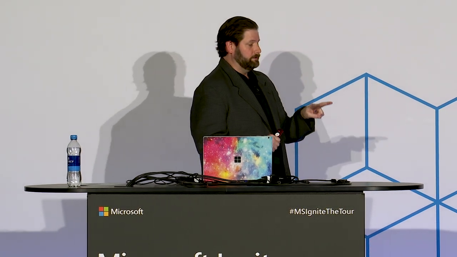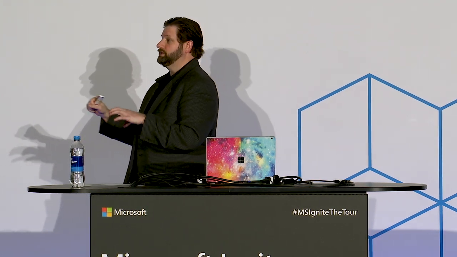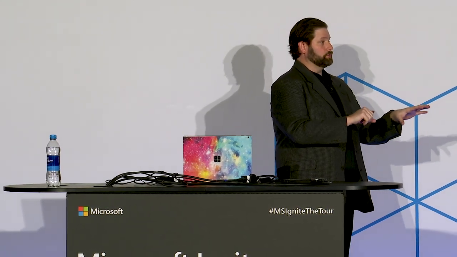The second one splits the difference. The second one is going to be cloud driven. When we talked about the services at the top and the cloud storage pieces at the bottom, this is going to consume cloud storage, but operate it much in the same way that we've operated our on-prem storage. So we can deploy to the storage that makes sense. We have lots of different things we can deploy to, but from an operational standpoint, we still have the overhead of being forced to manage and consume each of those pools separately.